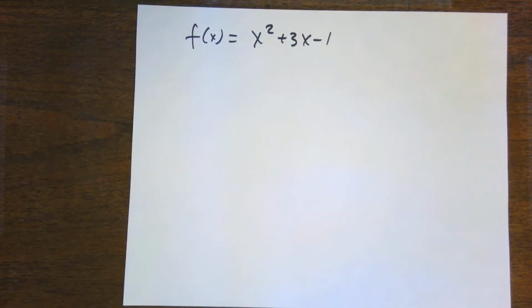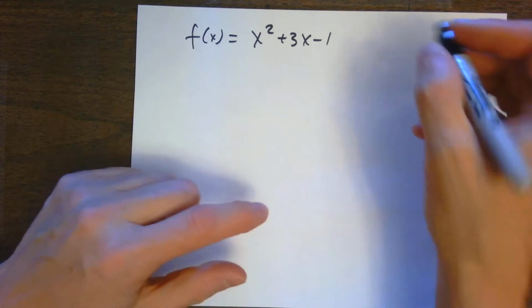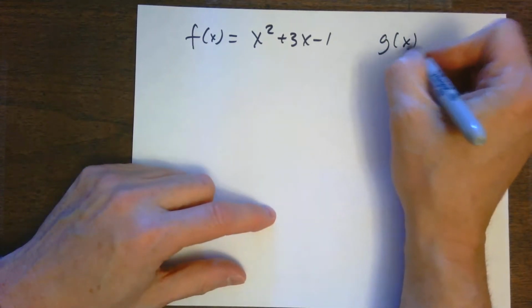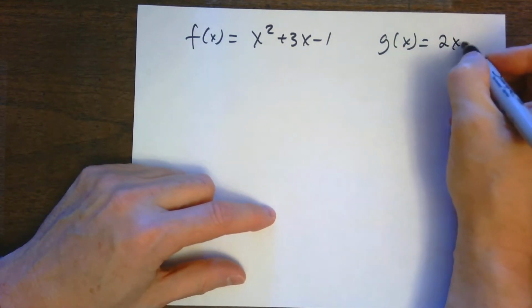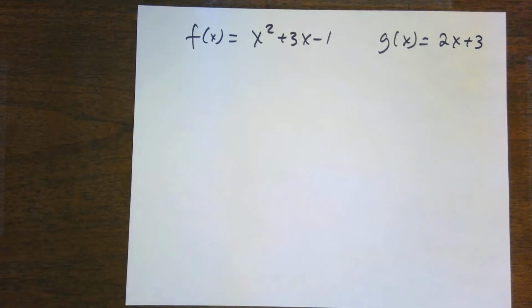That's a nice, well-behaved polynomial function. The domain of that function is all real numbers. There's no restrictions there at all. Another function, g of x equals 2x plus 3, another nice, well-behaved polynomial function. Again, the domain would be all real numbers.